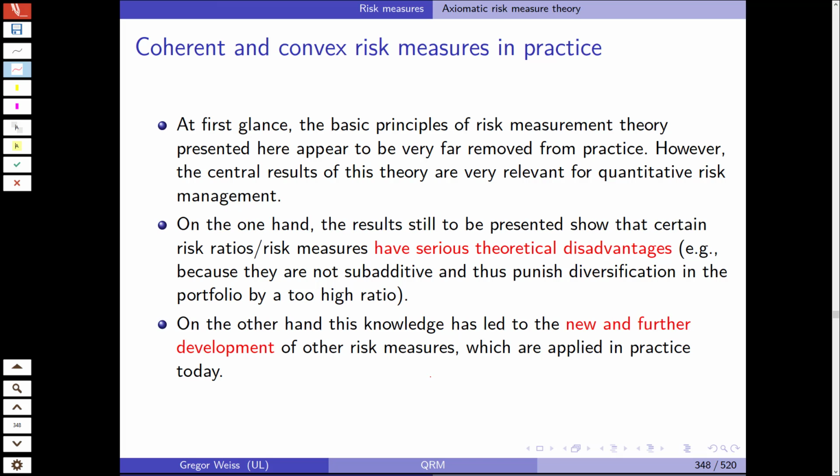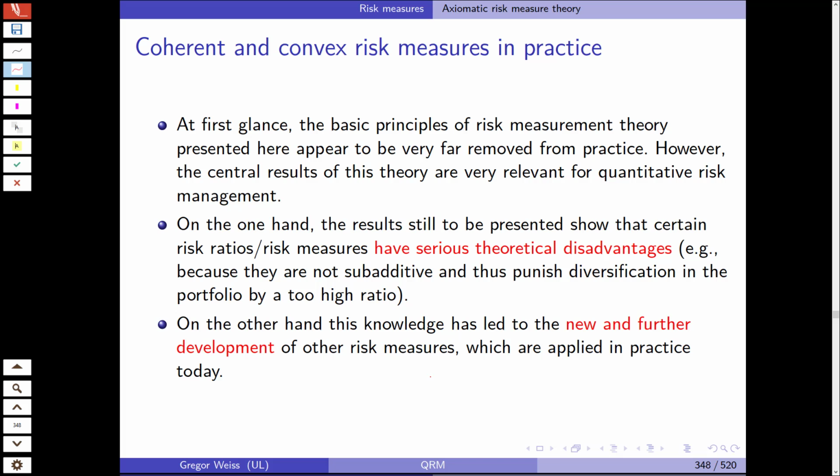Now, at first glance, the basic principles of risk measure theory that are presented here appear very, very theoretical. However, this is a very nice part of this lecture where you can see this is pure probability theory. This is pure mathematics, or applied mathematics rather, but it has serious consequences for practice in risk measurement, because mathematicians went on after 1999 and had a look at those different risk measures that were used in industry practice.